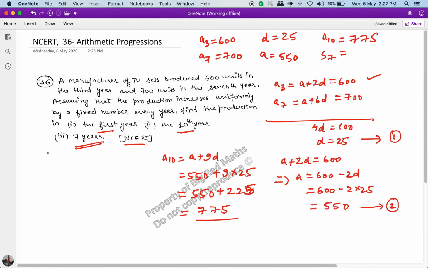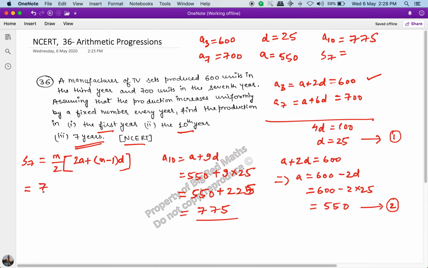Now we have to find S of 7. We know S of 7 is equal to n by 2 multiplied by 2a plus n minus 1 into d. So what is S of 7? We know all the values here.